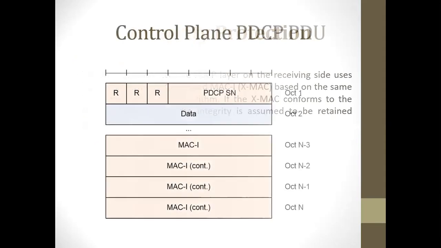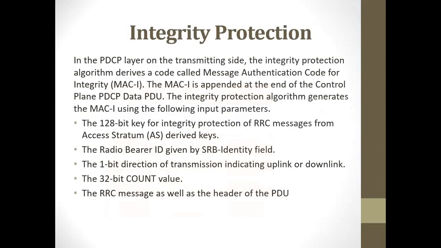Well, it also uses the same kind of inputs. The first one is actually KENB. And then the radio bearer ID of 1 bit, the 32-bit message count. Okay? And finally, the whole RRC message. Because your RRC message is not too big. It's a layer 3 message.